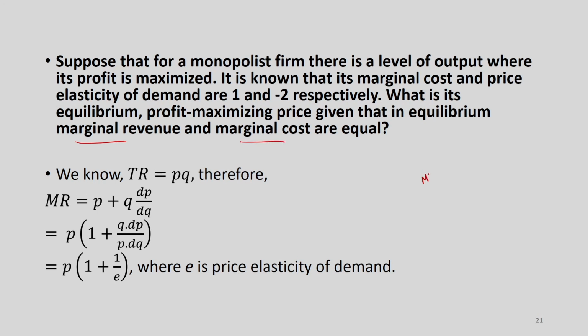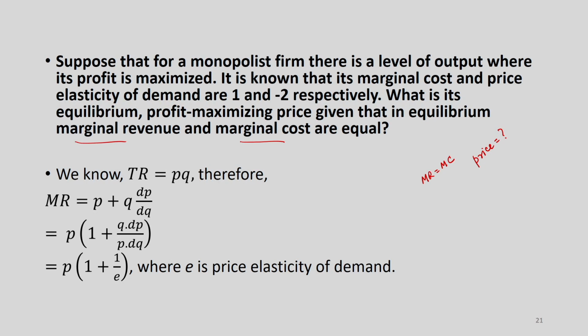So, MR is equal to MC, and that is what determines the profit maximizing output. We have to find out what the price is at that equilibrium. So, what is the price that will be charged in the market because the firm is maximizing its profit? That is the question.